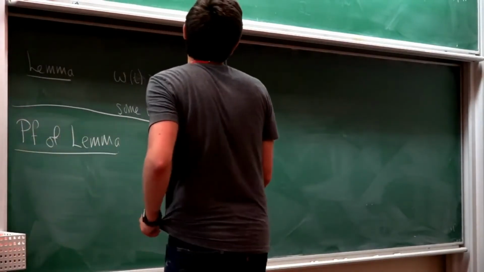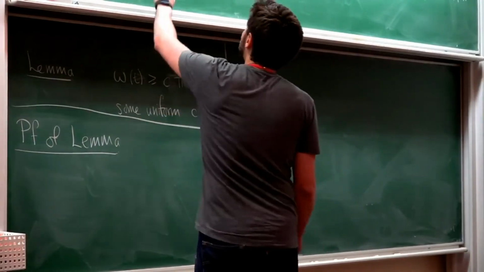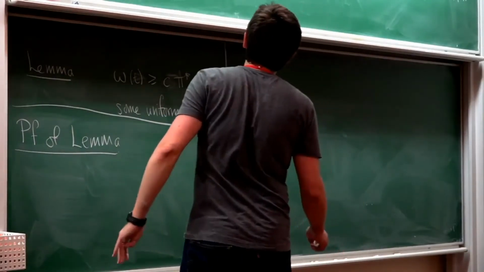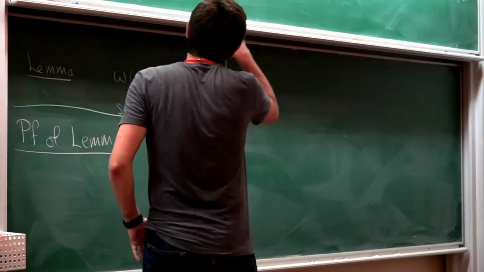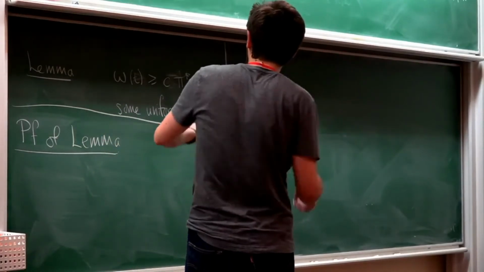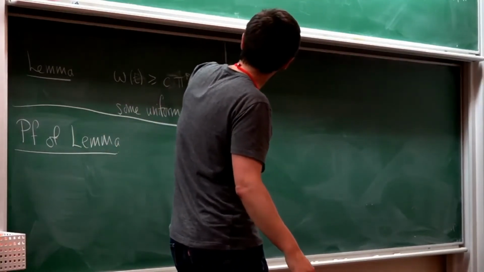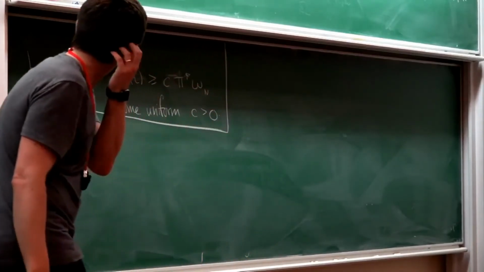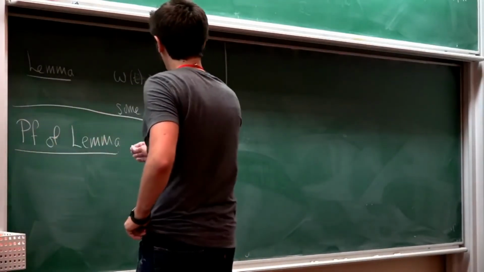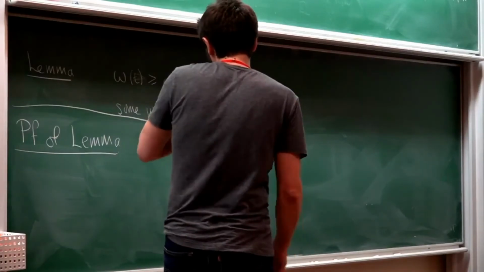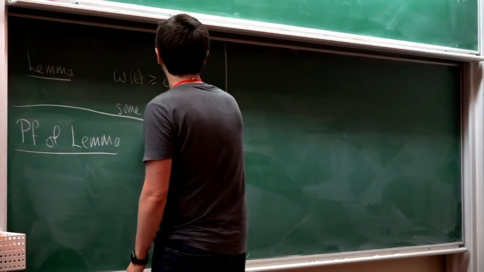What we do is, I'm not really going to use this one, I'm going to use this one here. Of course we have a map pi from M to N, and we have a Kähler metric. I want to consider the following quantity.